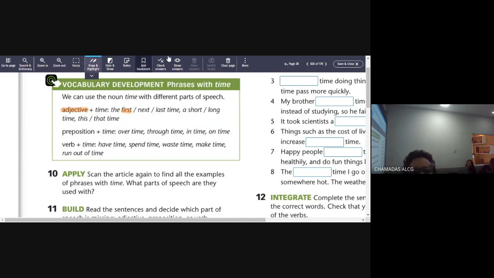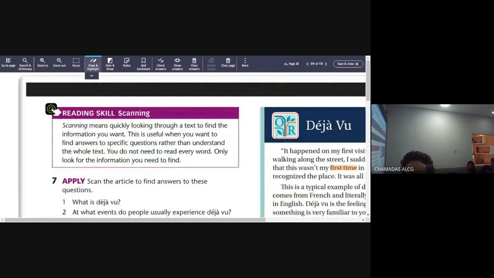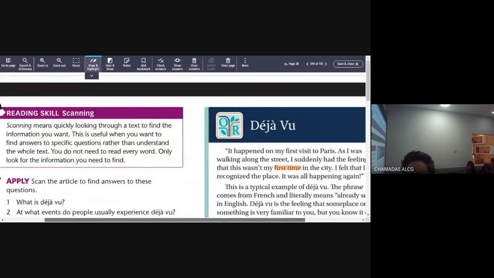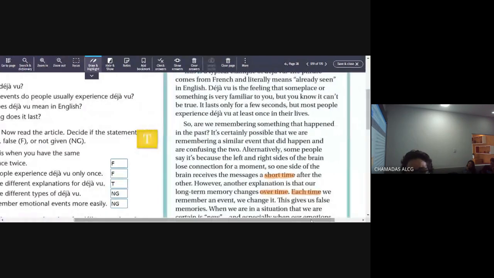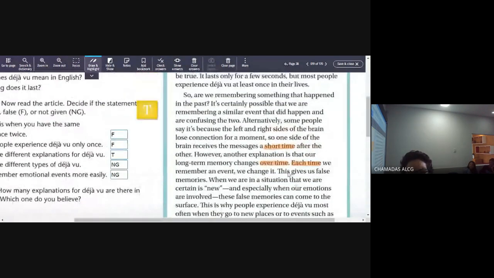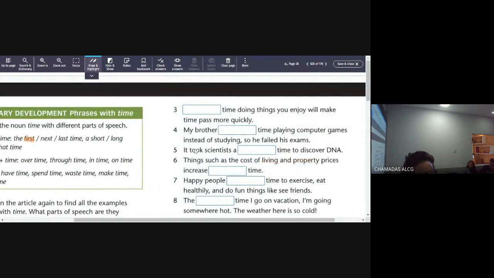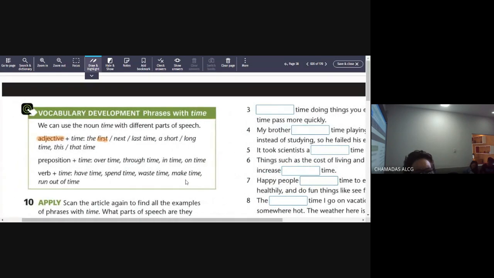Okay, the other one, let's see. Short time. Adjective again. Over time. Preposition. Yeah, preposition. Each time. The adjective. Okay. All right, people. Very good.